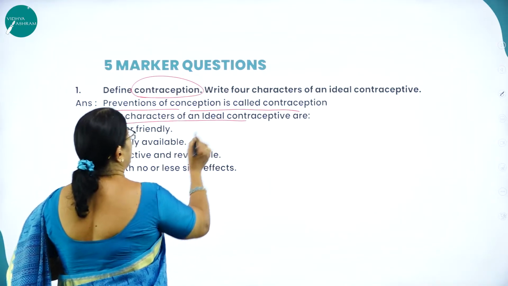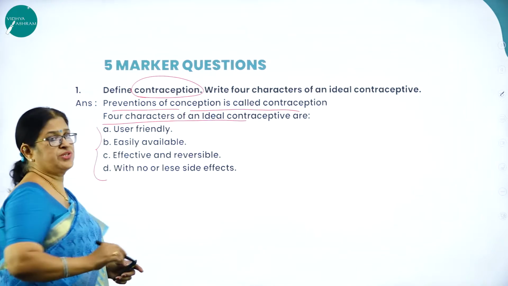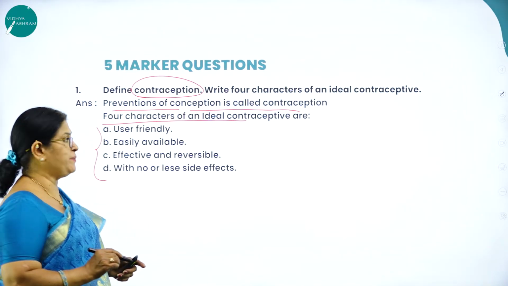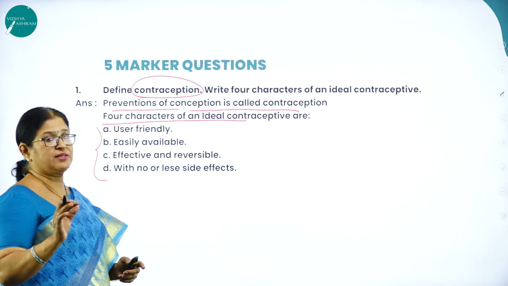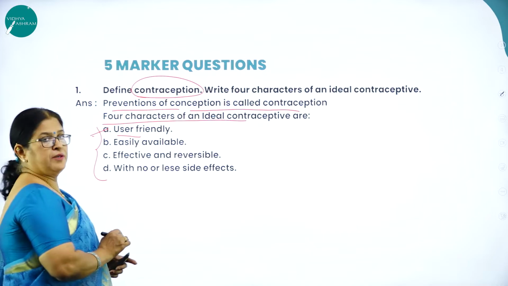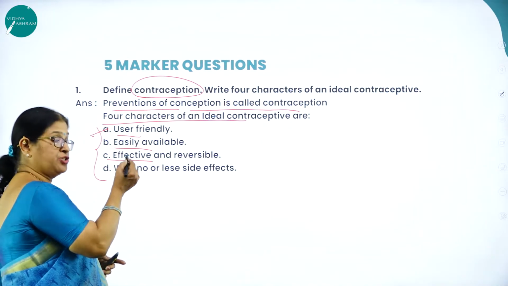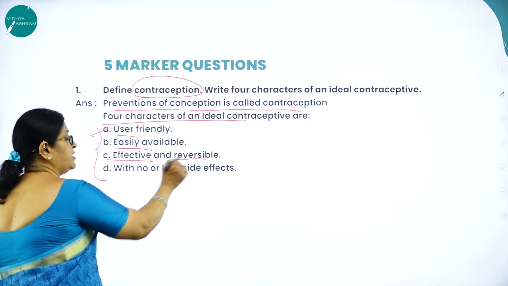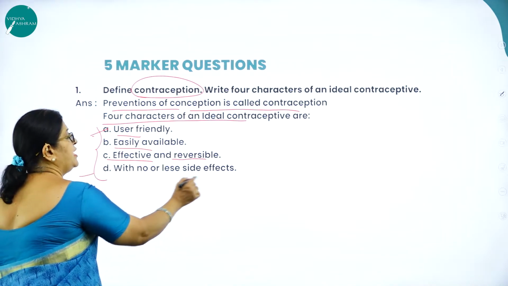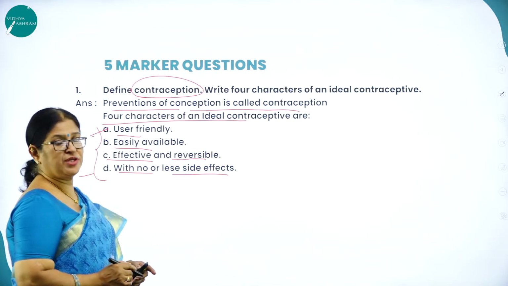So what are the 4 characters of an ideal contraceptive? This is a very commonly asked question in the PU board question paper. It should be user friendly, easily available, effective and reversible, with no or few side effects for the user.